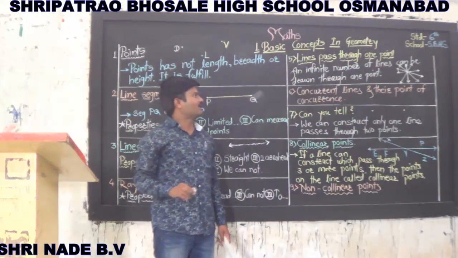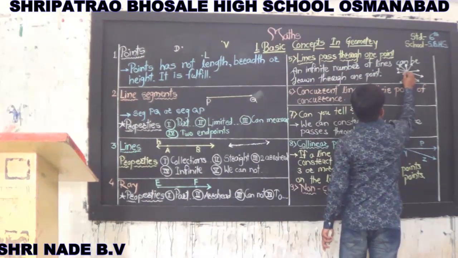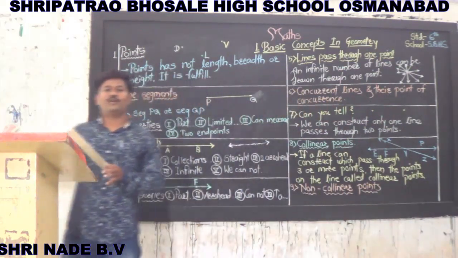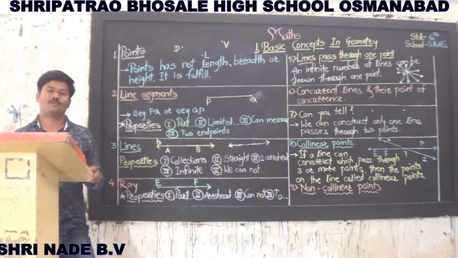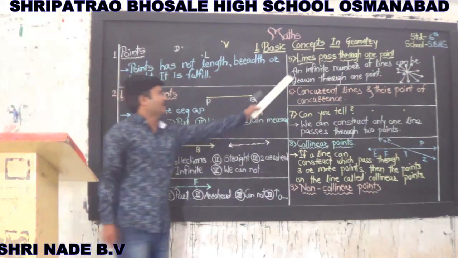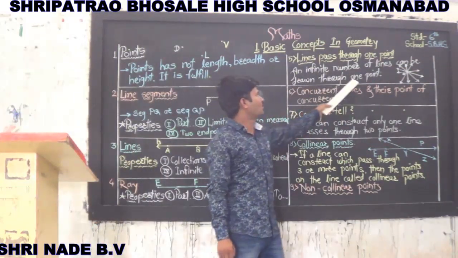In this figure, if the point is named O, through one point we can construct an infinite number of lines. Here is one important sentence related to lines passing through one point: an infinite number of lines can be drawn through one point.